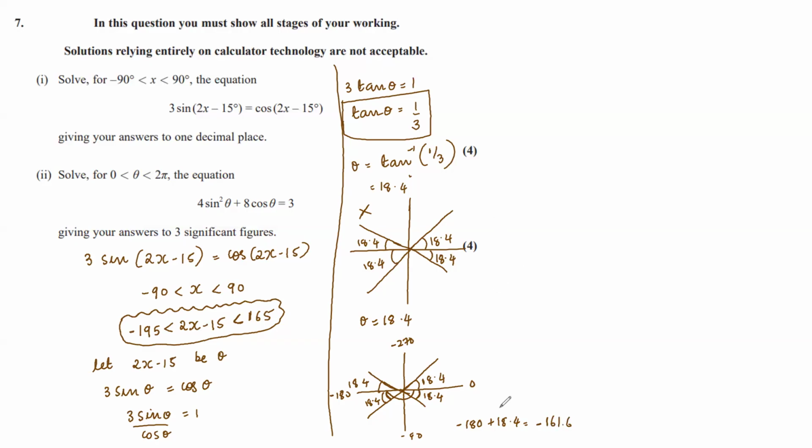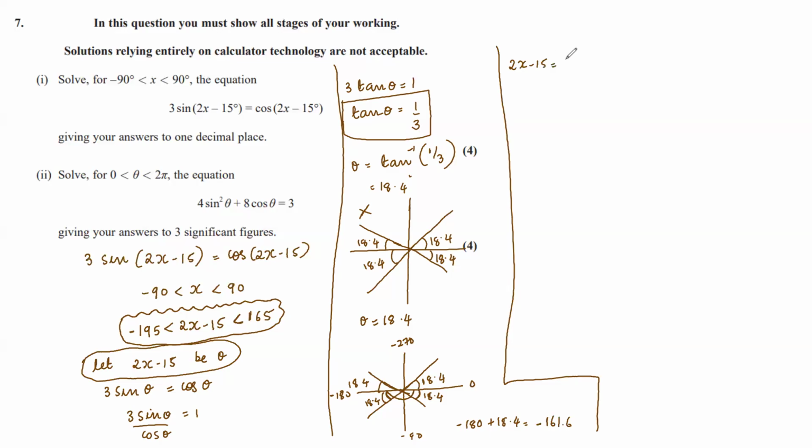Now, this is the theta value, but what is theta? Theta, we can substitute it back to 2x minus 15. We know theta is 2x minus 15. So we got 2x minus 15 is equal to 18.4 and minus 161.6.